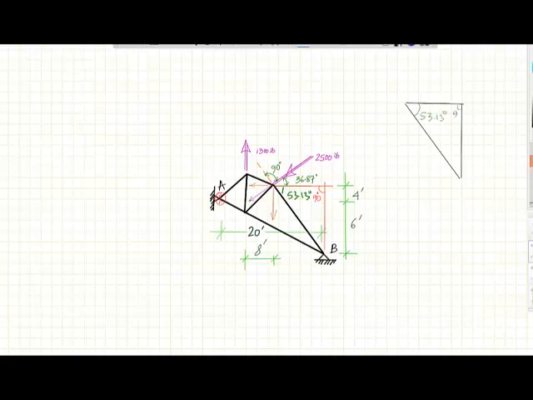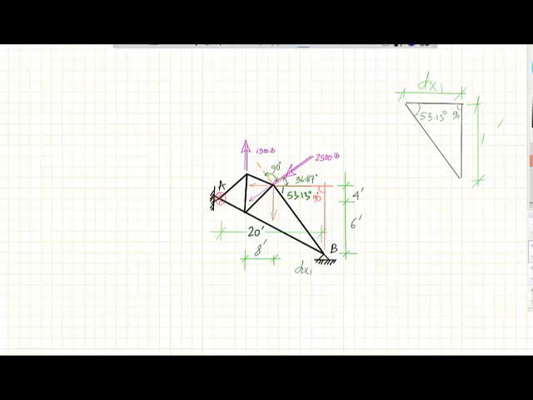Of course this is 90 degrees, so we'll know this value. What we need to calculate here is this unknown distance, and we know this distance because it is given. If you look at the sketch, this is 10 feet. So all we need to do is calculate this distance, and let's call it dx1.